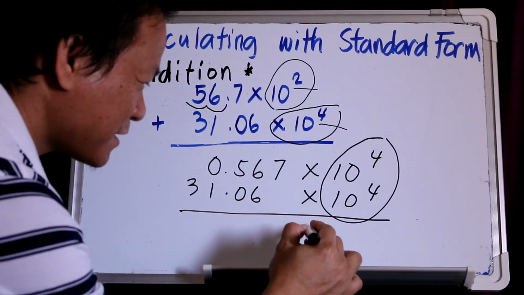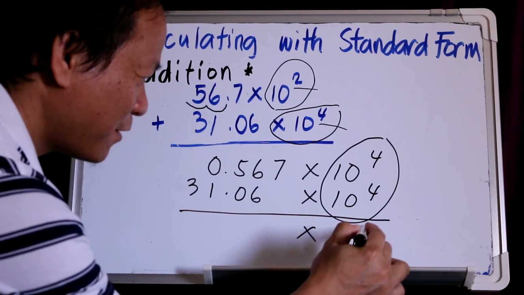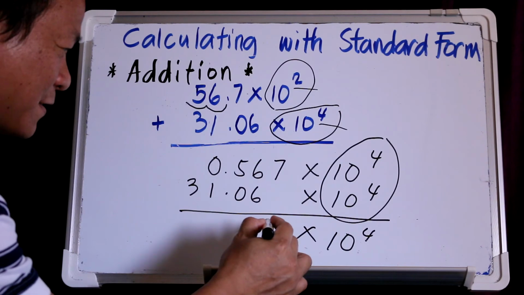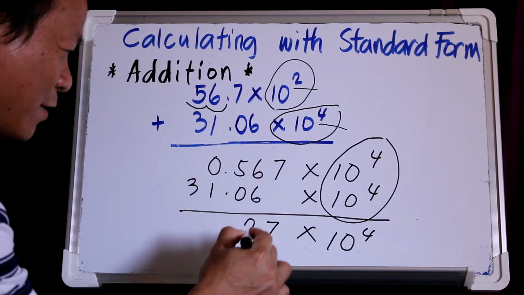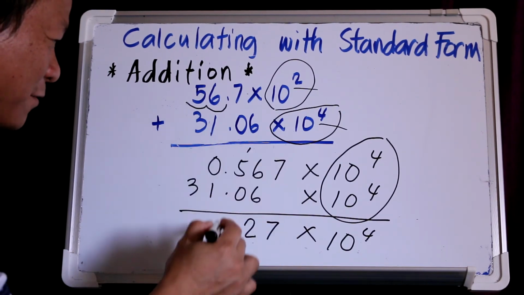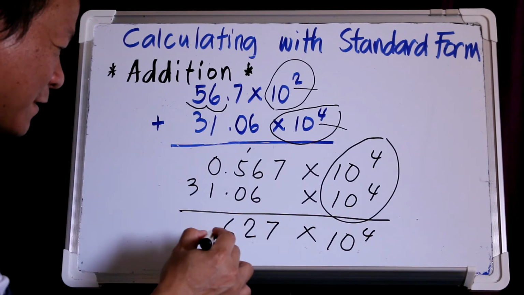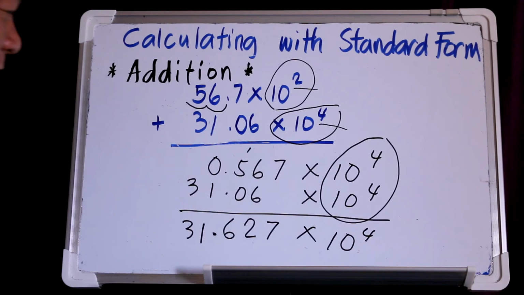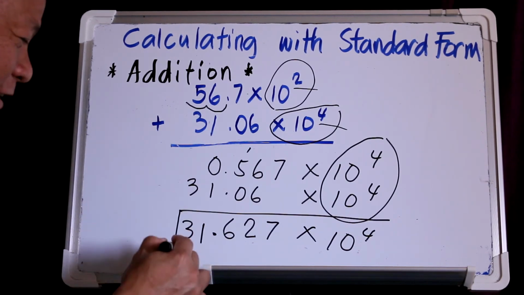So you have times 10 to the power of 4 here, and then you have 7, 12, carry 1, 6.31. So this is the correct answer.